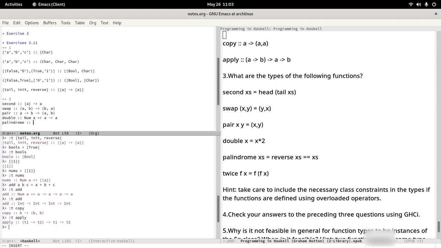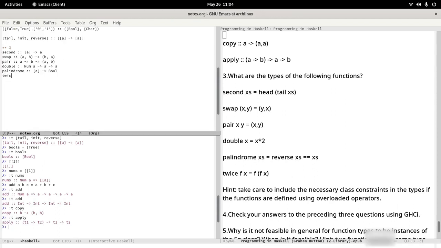Oh no, is from lists of A's to bool. And twice is from a function of A to B. Oh no, from A to A, I think. To, oh yeah, then it takes another A, then it returns an A.